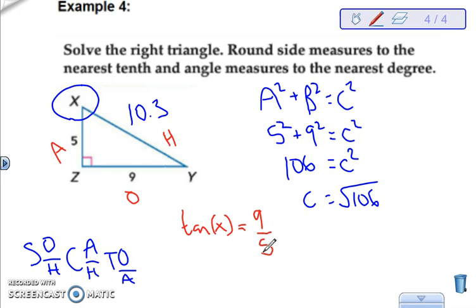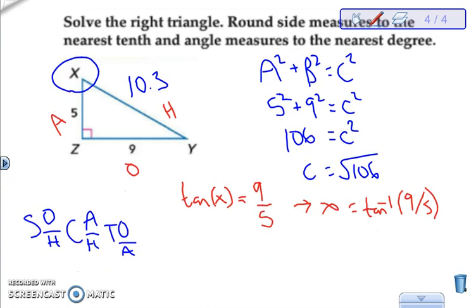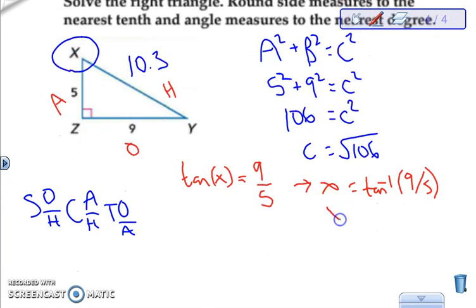So when we type it in our calculator, again, if we want an angle, we use the inverse button. So x equals the inverse tan of 9 over 5. So x is about 61 degrees.